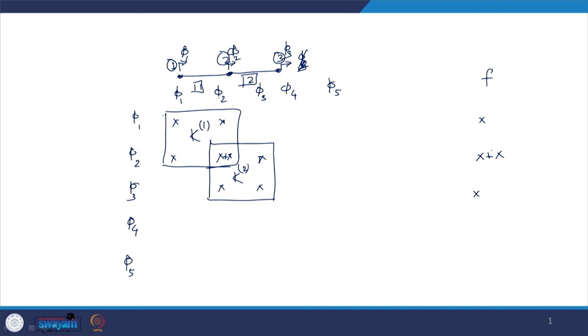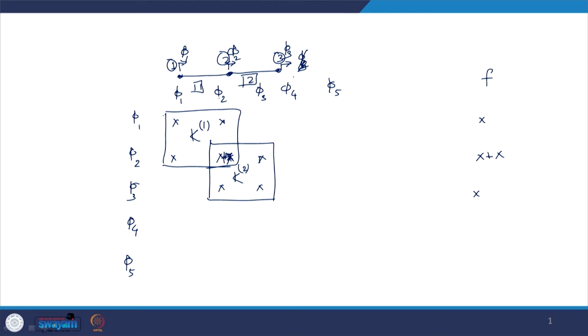This is phi 2 and phi 3, they come from element number 2. Now, node 2 is common to both of them. So, the contributions get added up at the corresponding node, at the degree of freedom common to both the elements.